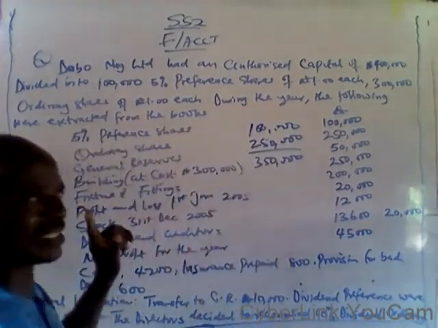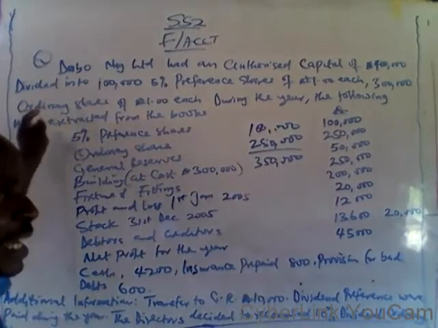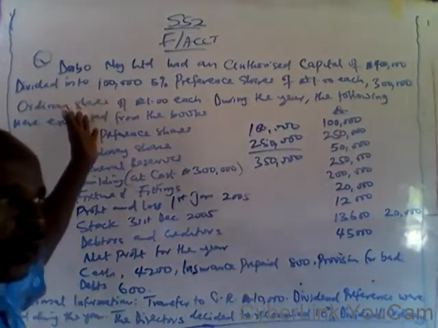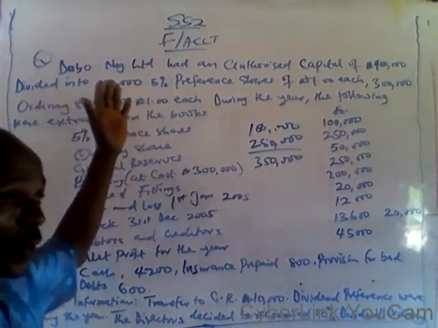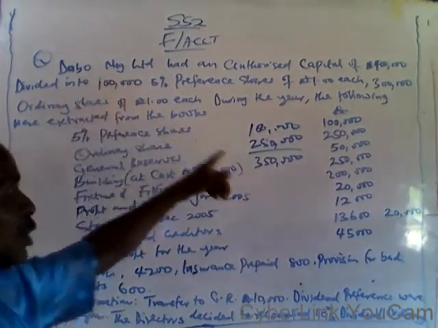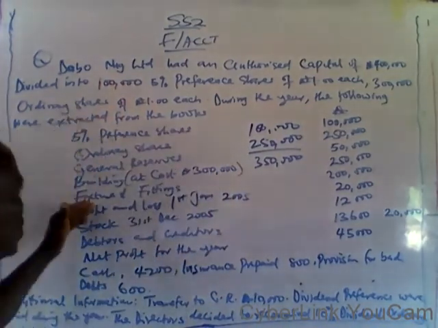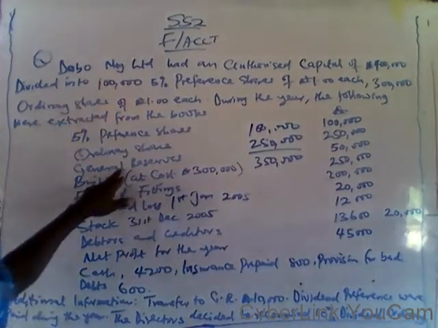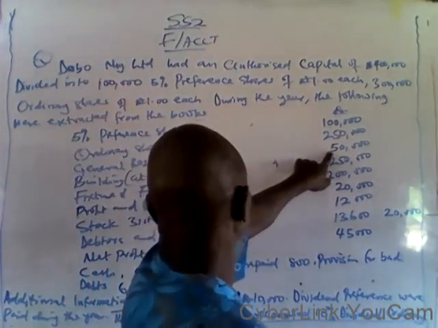Under the general reserve, the first thing you have to consider is your net profit carried down, the balance you have under the profit and loss appropriation account, which we call retained profit, and you transfer it to the general reserve. After that, what is supposed to follow? You have a general reserve of 50,000 naira.